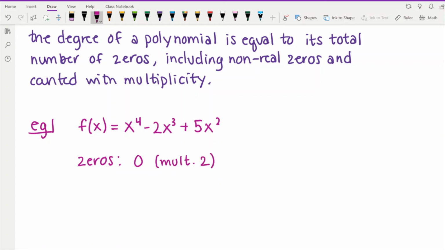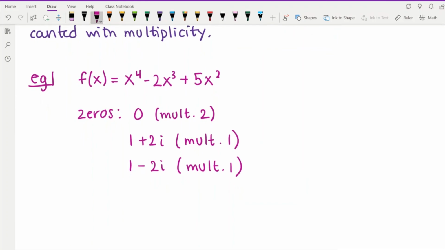We also found 1 plus 2i, and that had multiplicity 1. And then we also found 1 minus 2i, and that also had multiplicity 1. So what do we get if we add together all of these zeros, counting their multiplicity? Well, we would say 2 for the first one, that's multiplicity 2, plus 1, plus 1, and that is equal to 4. And 4 is the degree.